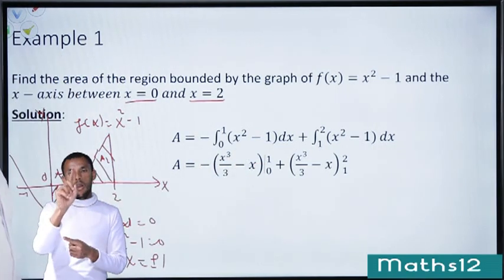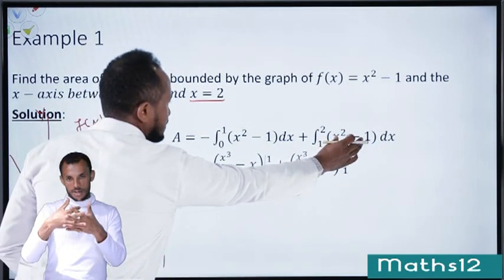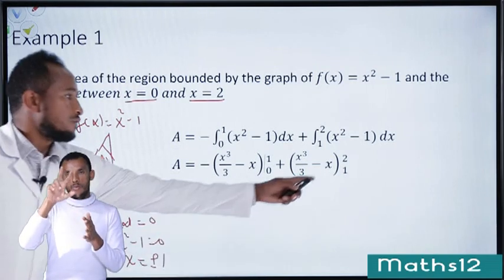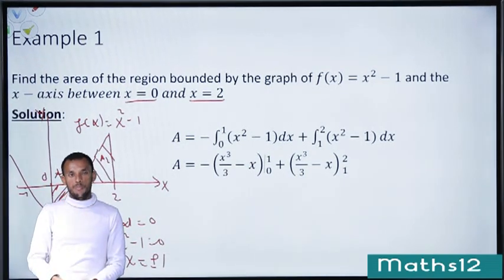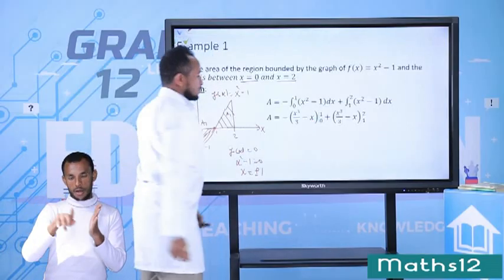Next, the integration here is the same: x squared minus 1 gives x cubed over 3 minus x on the interval 1 up to 2. So first you put 1 here, and then minus, you put 0.